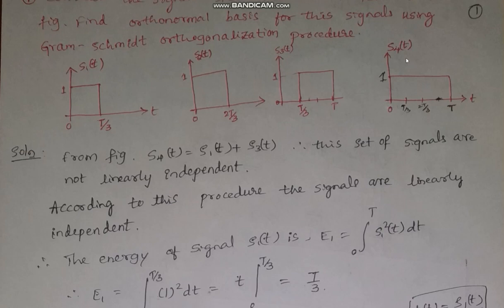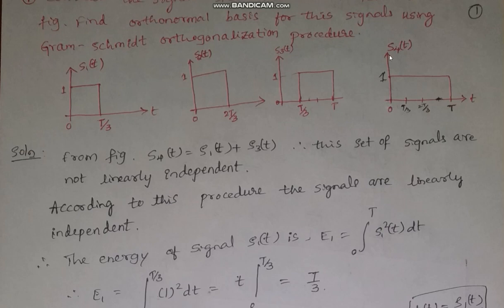So we need to find orthogonal basis functions for only the linearly independent set of signals. So the only leftover signals are now S1 of t, S2 of t and S3 of t. Since S4 of t is linearly dependent on the given signals, we are not going to find an orthonormal basis for S4 of t. So minimum we are going to have 3 orthonormal basis functions.